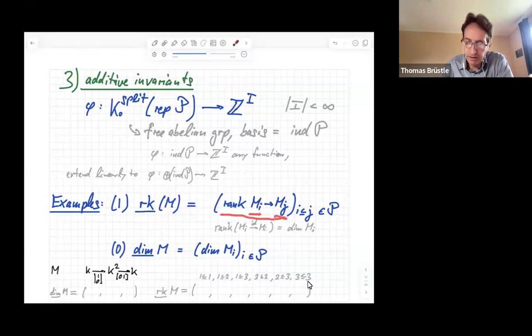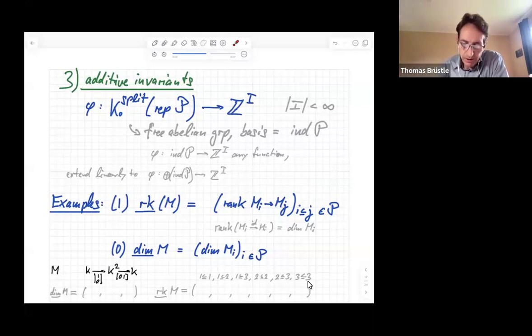So whenever I have i smaller or equal to j, I get a linear map from M_i to M_j. I compute the rank of this linear map, and then I store the information of all those ranks in a vector. This is one invariant that you can associate to a given module for any poset.